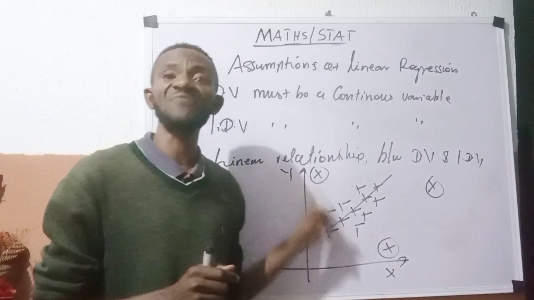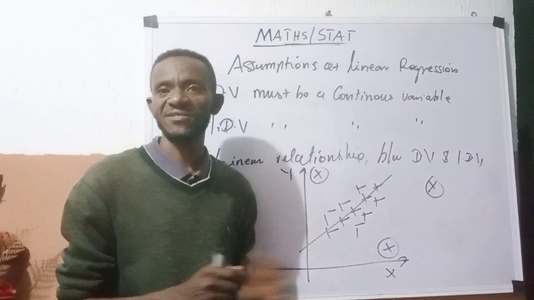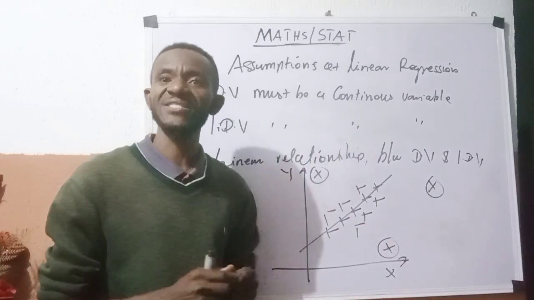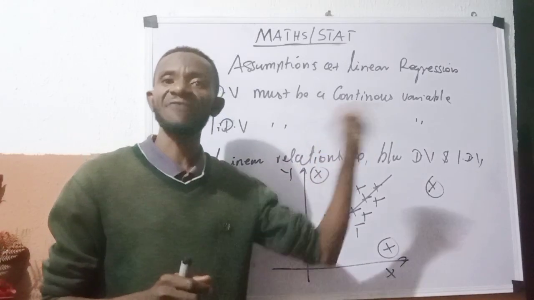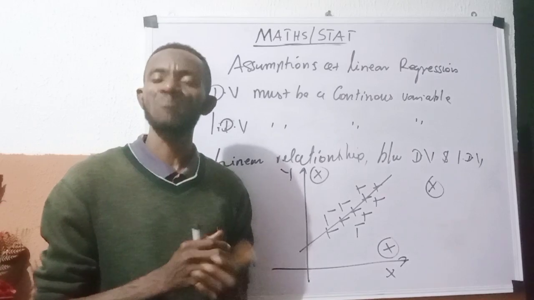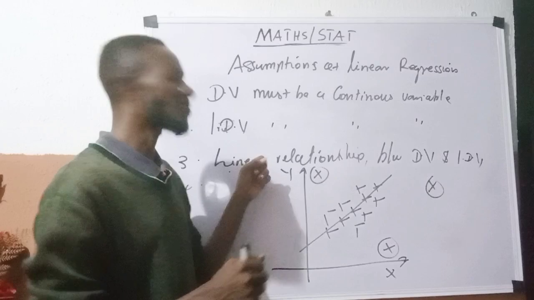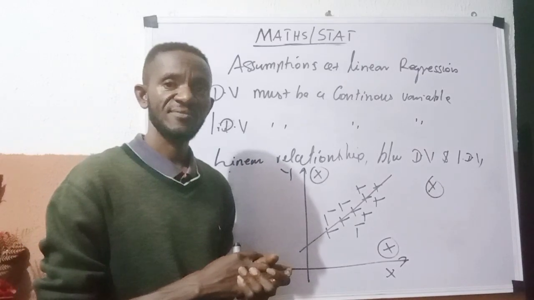So the negative effect of the outlier is that it affects our estimates, which in turn affects our regression equation or model. That is the fourth assumption.